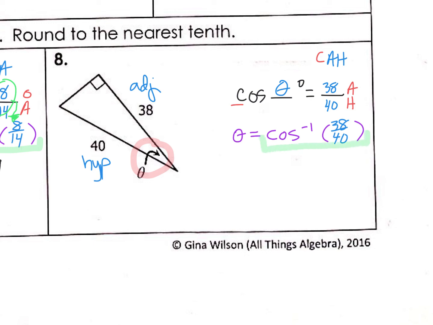So please practice that. So pause the video. And then theta is approximately equal to 18.2 degrees. So not bad. We have 2 more to do on the back, and then we will be done with today's lesson.